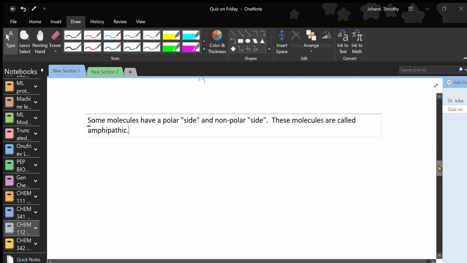An example of one of these molecules. So they used to make soap by taking animal fat and you would treat it with lye. So you'd take animal fat and you have this O here. What the lye would do is it would take the H off of it.